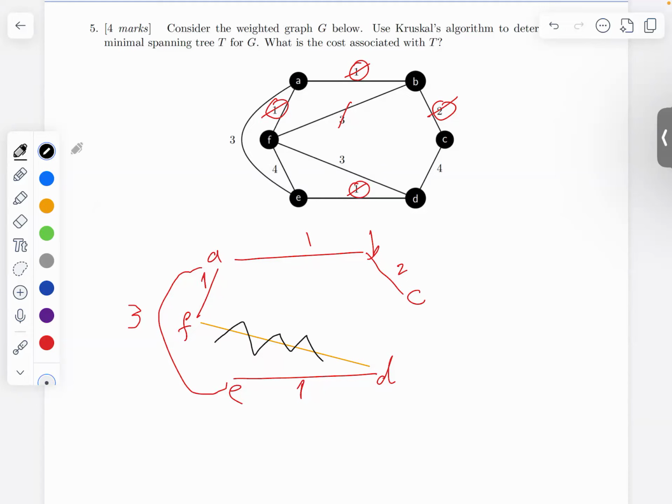So let's do this question using Prim's algorithm. Just a minute.